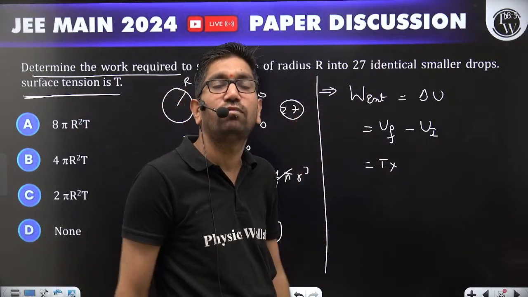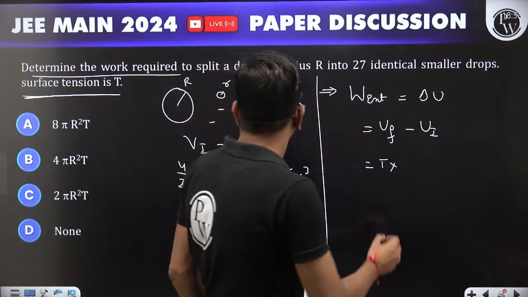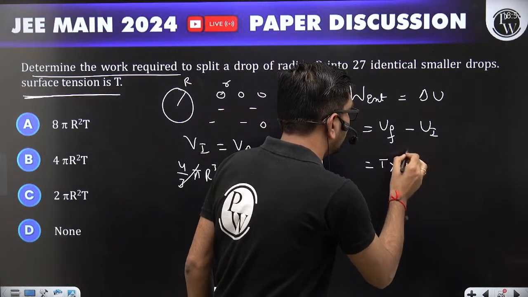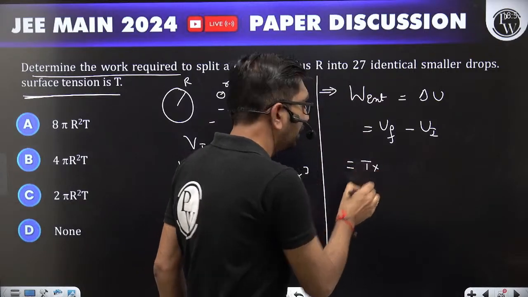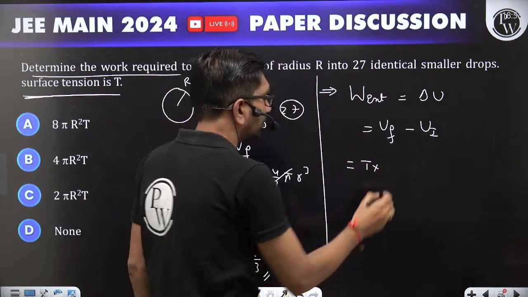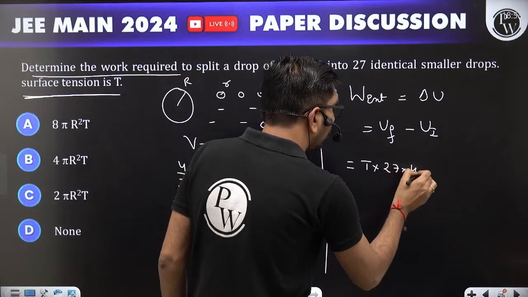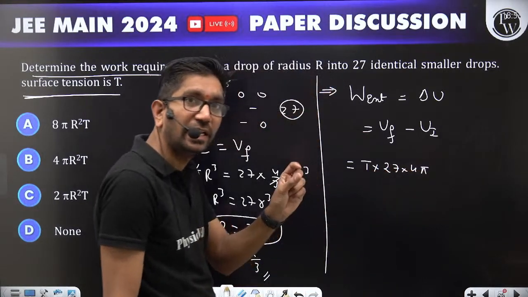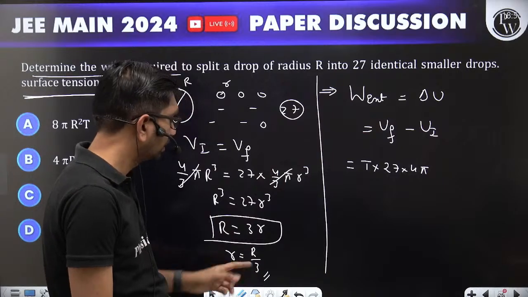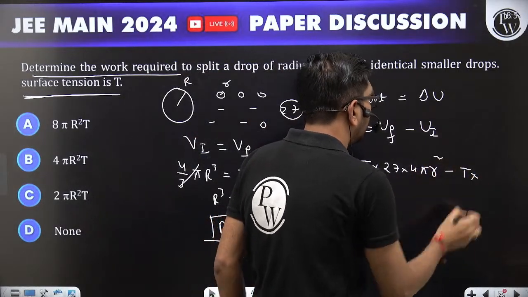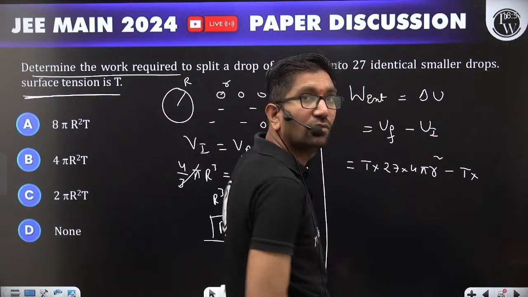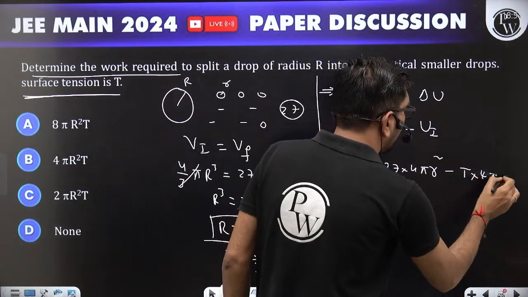Surface area is 4 pi r squared, and how many do you have? 27. So surface tension into 27 into 4 pi into smaller radius squared, minus surface tension into initially 4 pi capital R squared.